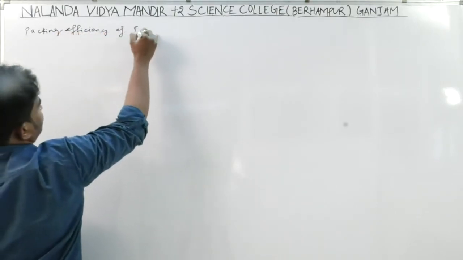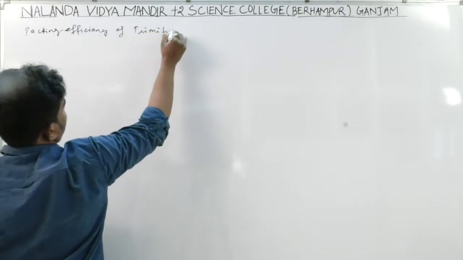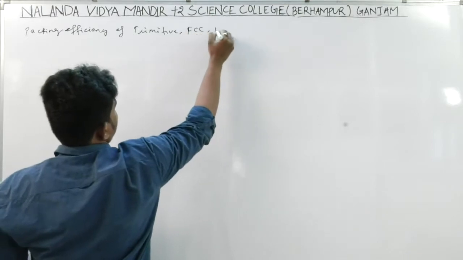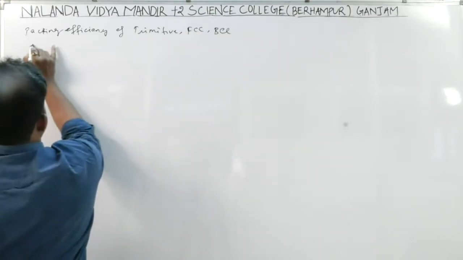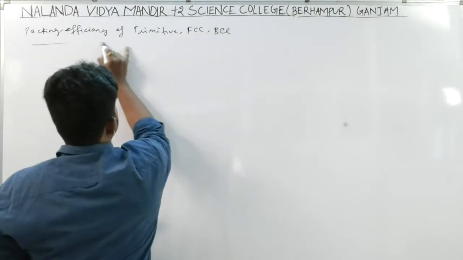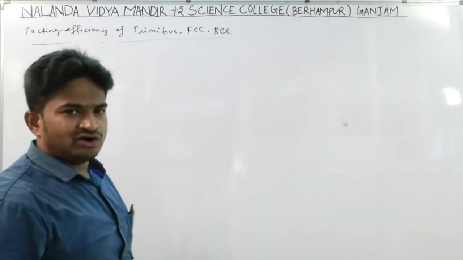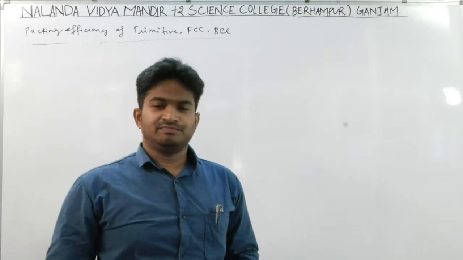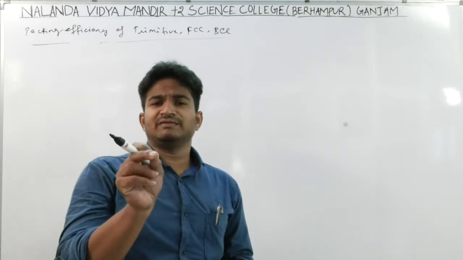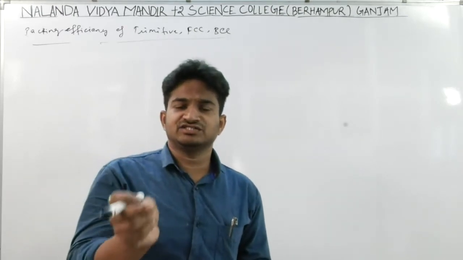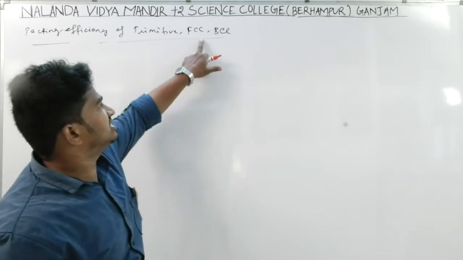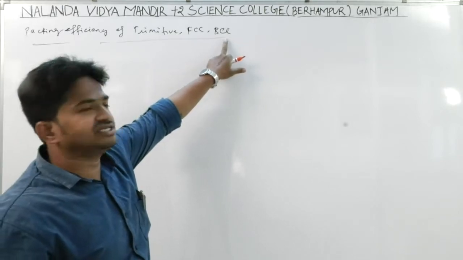I hope all of you have understood that. It is very easy. You have to remember how to find the radius of each atom from primitive unit cells, face centered and body centered unit cells.